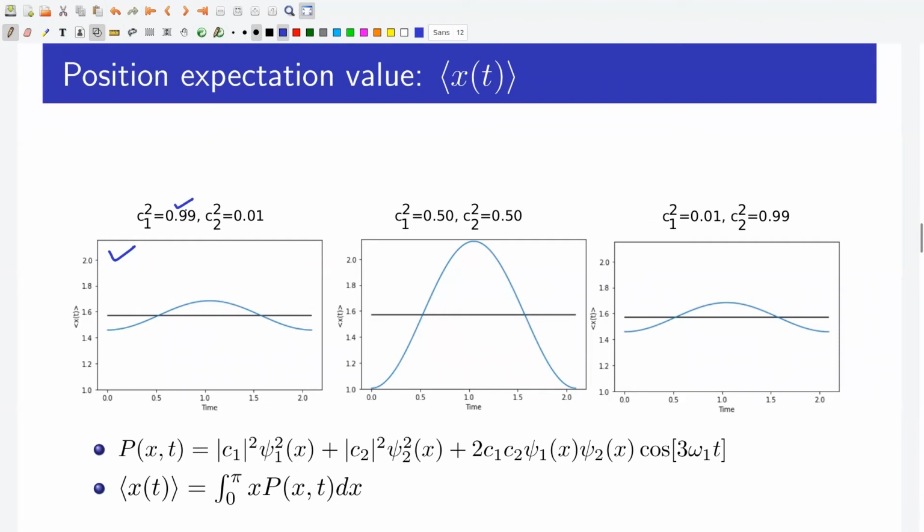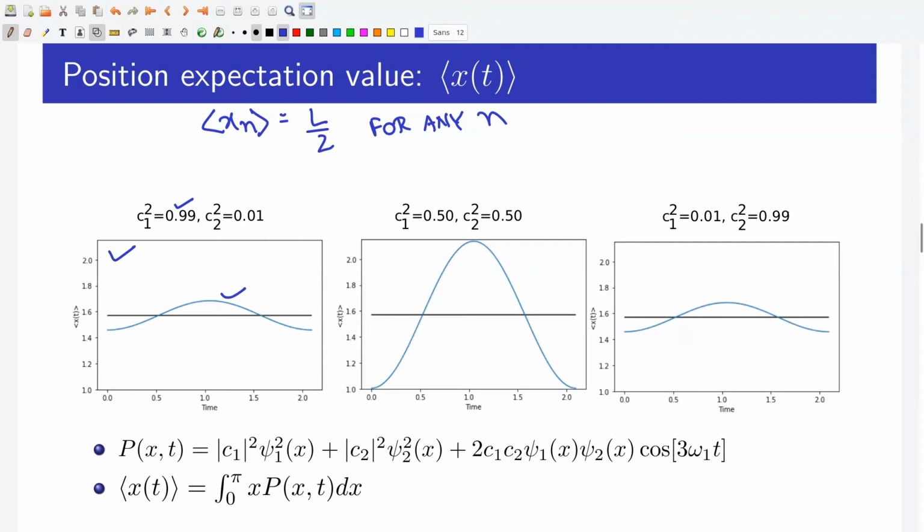For a particle in a box, the position expectation value is given by x_n equals L by 2 for any n. Since the wave function is very close to a stationary state function, the blue line does not deviate from the black line, which represents the stationary state.